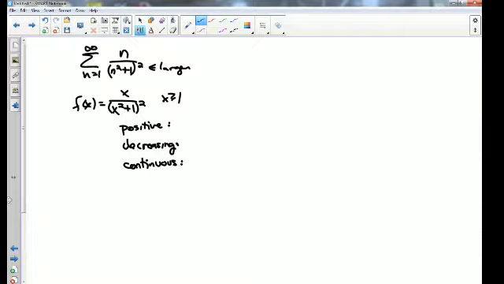Is it always positive, the function? Yeah, on this domain it is, because you just have positive numbers. Decreasing? We've already talked about that. Yeah, because of the squares at the bottom. And then continuous, right.